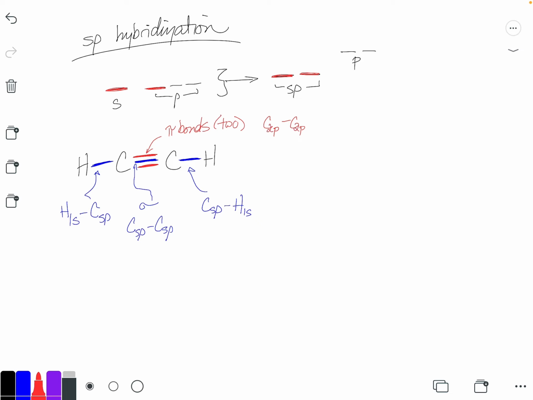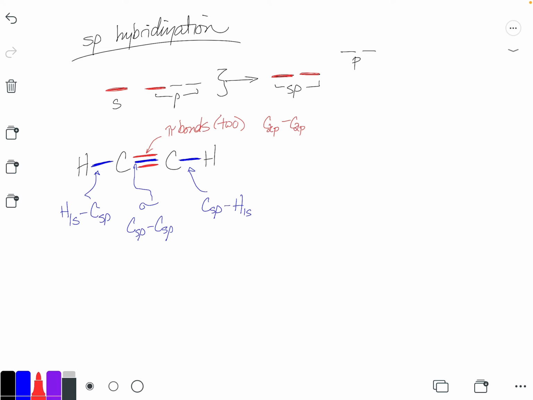I'm only labeling it that way because that's typical for the atomic orbitals, the ones that we haven't really hybridized, is to keep that first number in there to indicate that it's a level 2. So this molecule has 3 sigma bonds, the hydrogen to carbon, carbon to carbon, and carbon to hydrogen, that are involving the carbon's hybrid sp orbitals. And I've got 2 pi bonds that are involving the leftover carbon atomic orbitals, those 2p orbitals that are left over.